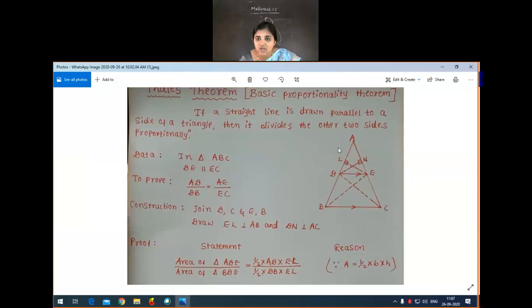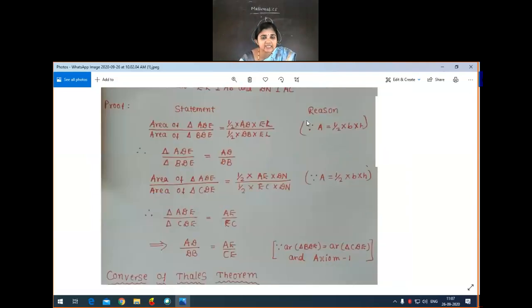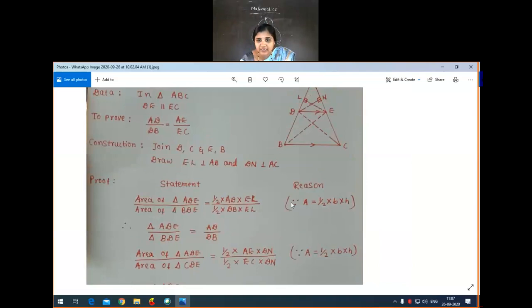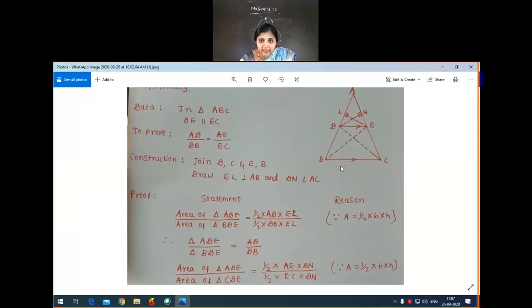Join D to C, E to B, then draw EL perpendicular to AB, then draw DN perpendicular to AC. Now the statement is clear, the diagram is clear, data, to prove and construction are clear. Then we are going to the proof part. Very simple proof, this one. We need the diagram for this proof part.